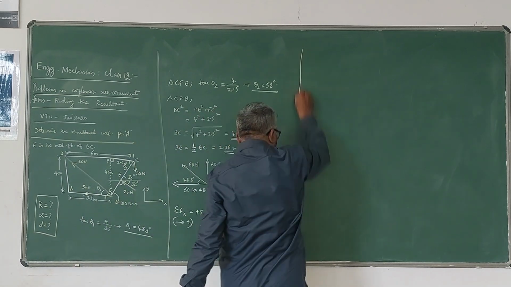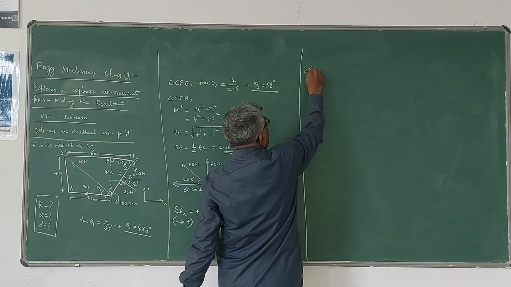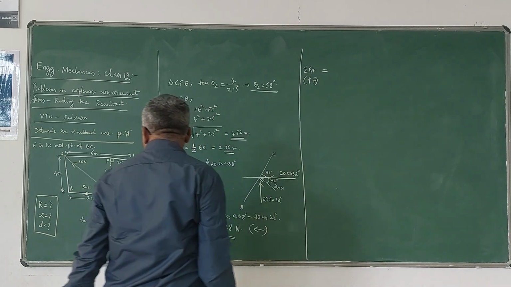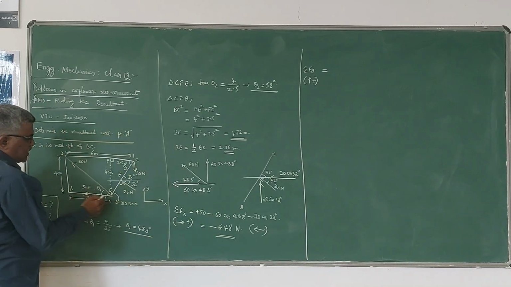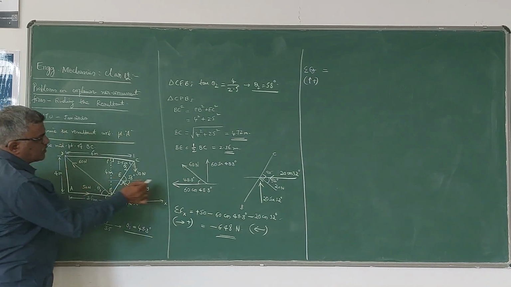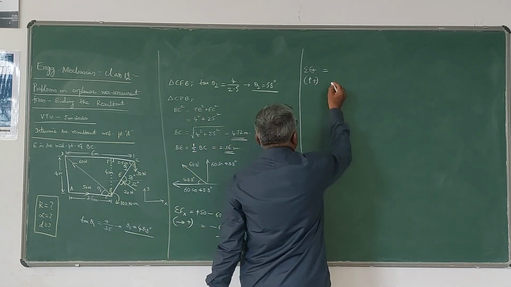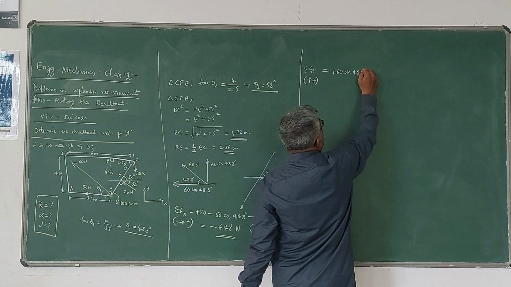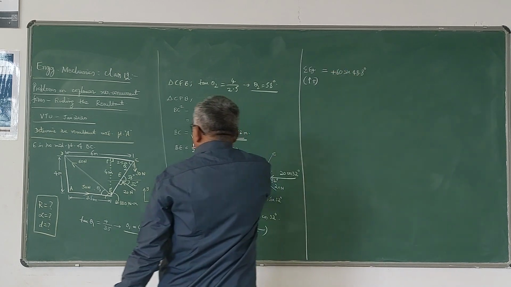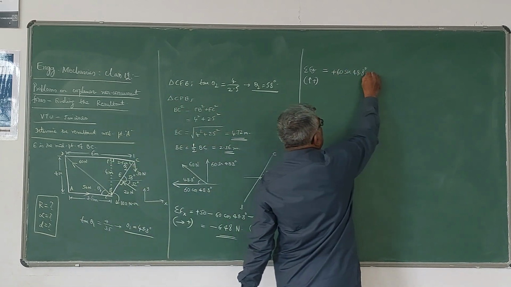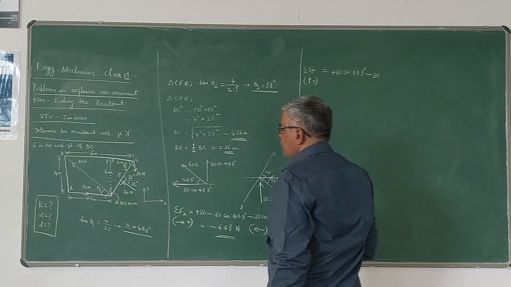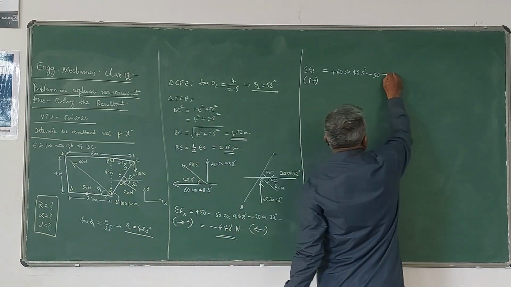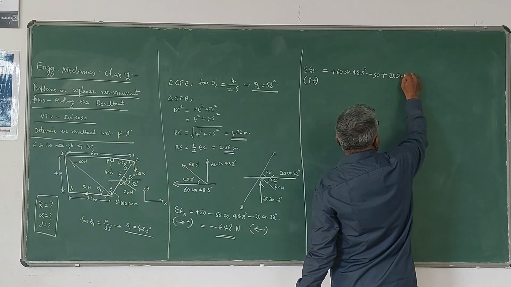Now coming to sigma Fy, treating forces acting upwards positive, downward negative. The 50 Newton doesn't have any vertical component. The 60 Newton force is positive, so plus 60 sin 48.8, and then this 30 Newton is acting downwards, so minus 30, directly you can write without resolution. Due to this 20 Newton force, it's an upward force, therefore plus 20 sin 32 degrees.